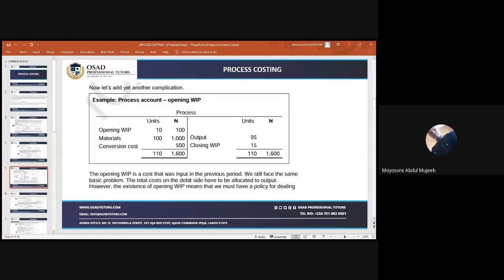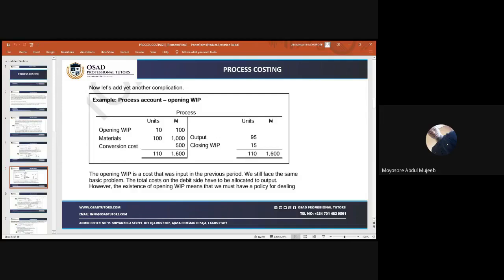Now our total material is 110 because we had 10 work in progress left from our last period. And this is a new period in which we got materials of 100 units again, making our total material how much? 110. Okay. Now, 110 units will now be giving us how much?